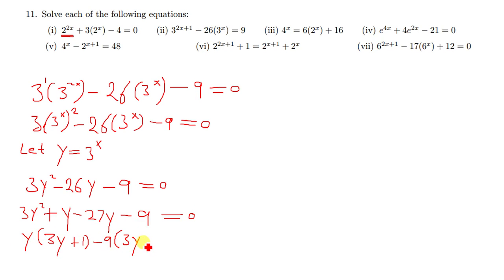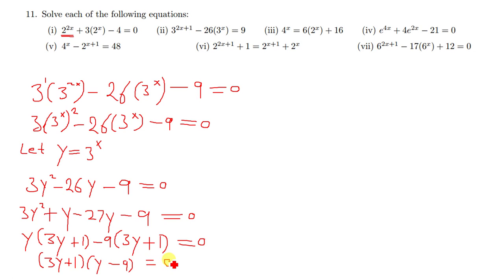So we factorize this, and we're going to have 3y plus 1 in brackets, and then y minus 9 in brackets, equal to 0.